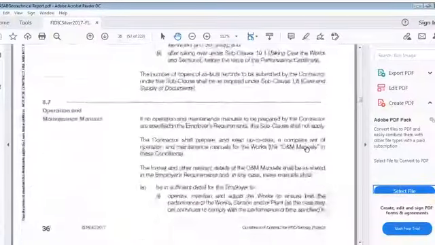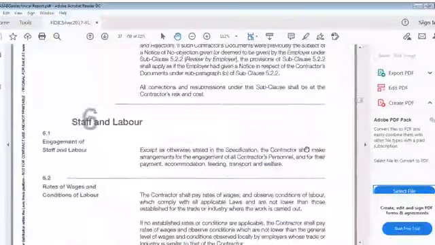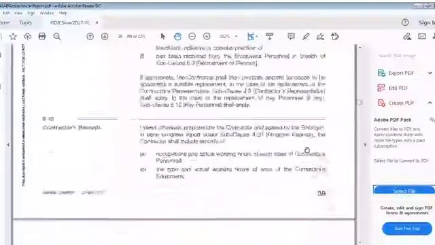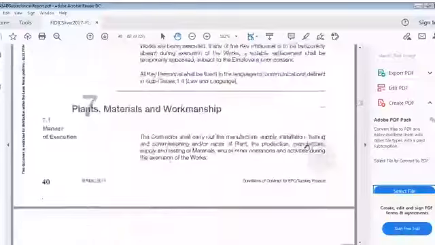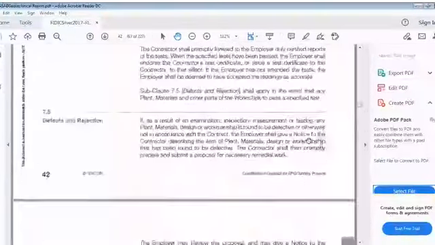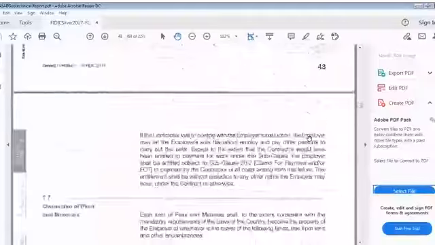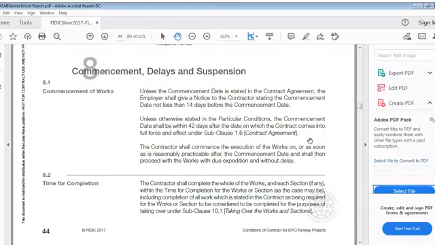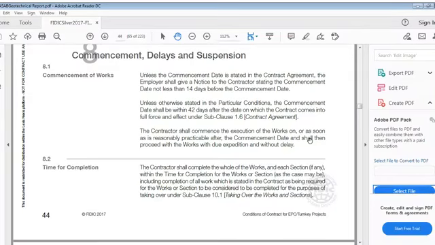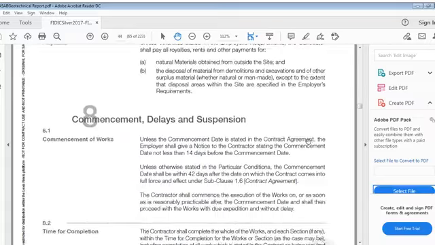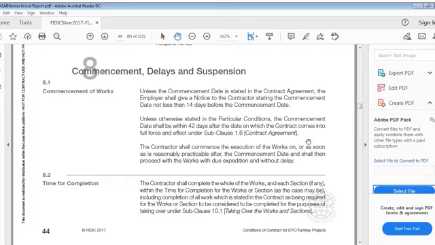Training, facility course, site for labor, transport of materials, commencement delays and suspension, 7 to 8. Yes, I think commencement delays and suspension.